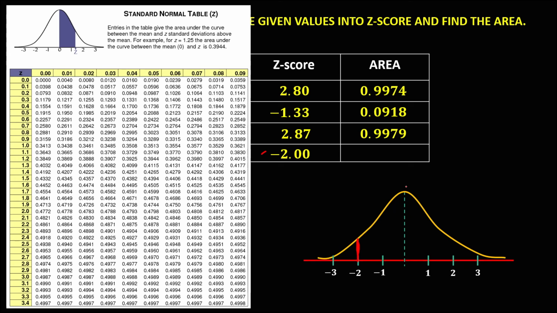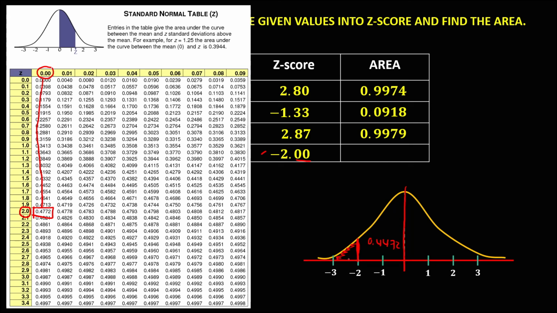Then to find the area with the mean, we have this 2.0, so just ignore the negative, since 0.00, so this is 0.00, so the area of negative 2 is 0.4772.